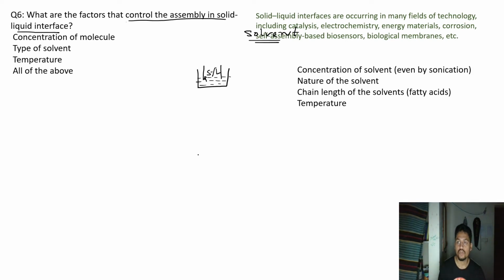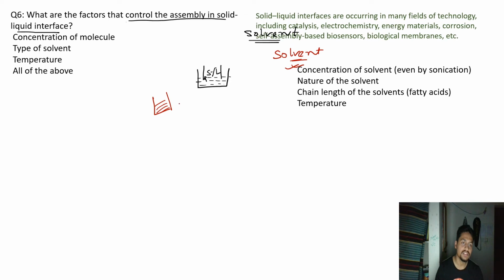Now, the main things that control the solid-liquid interface are, first, the concentration of the solvent. I said the solvent is very important in the case of solid-liquid interfaces, and we have seen this in the lecture. Taking a solution, we have the adsorbate molecules.